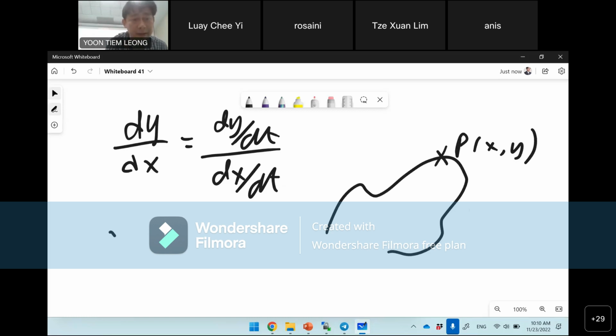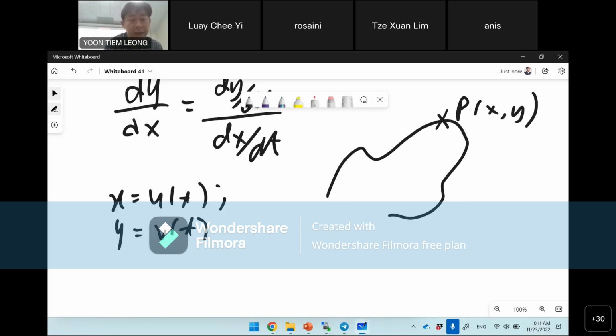So here we let x be some function u of t, and y be another function v of t. So u and v are a set of two equations that parameterize the curve, and the coordinate is changing with respect to the values of t, where t is in some kind of interval starting from somewhere to somewhere, right?